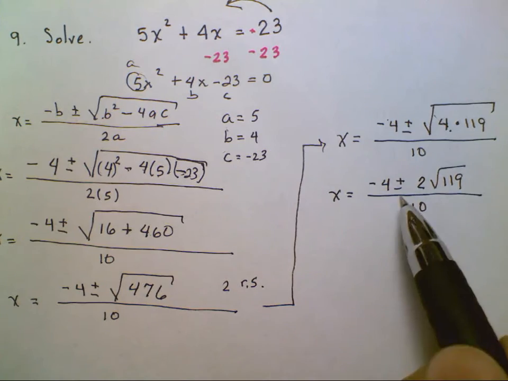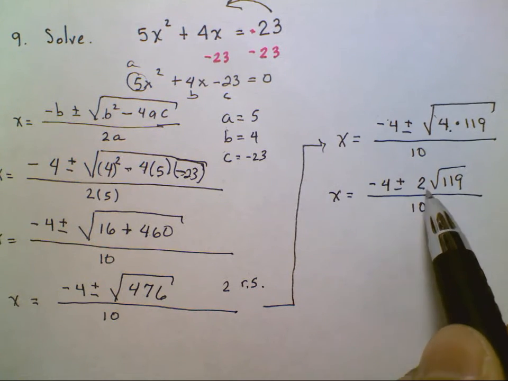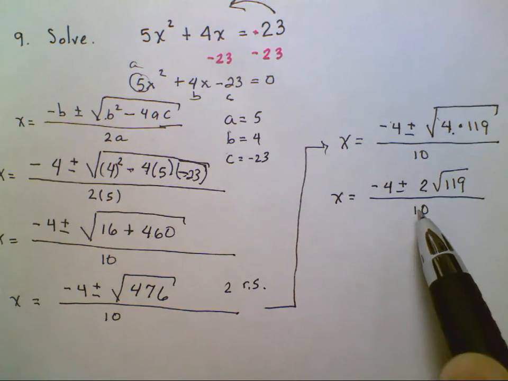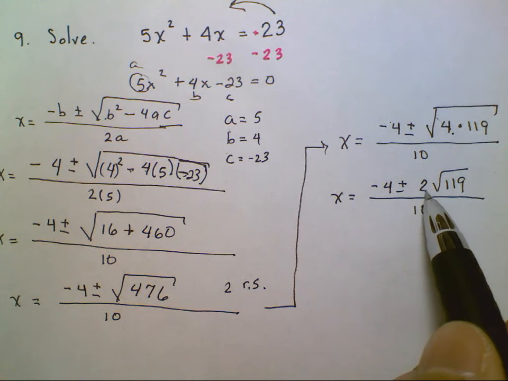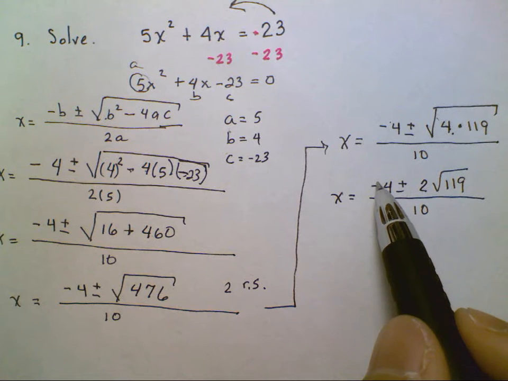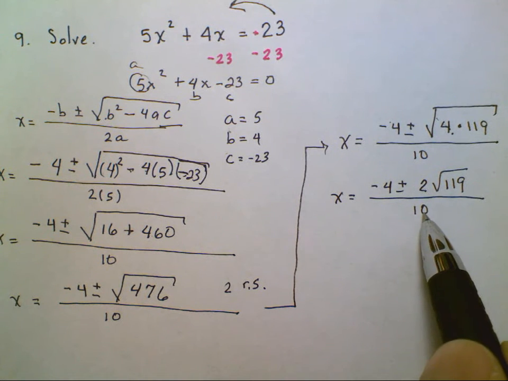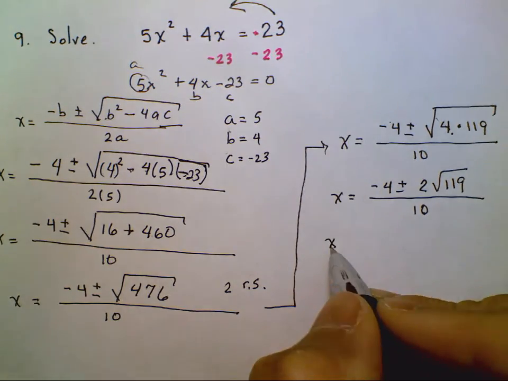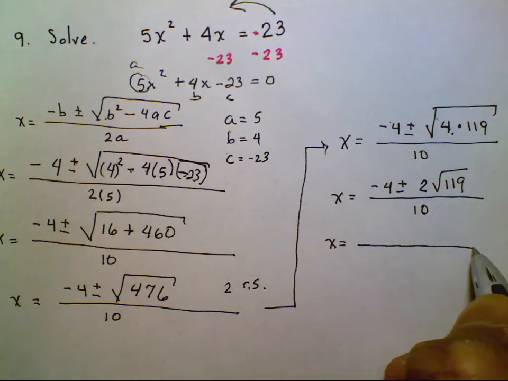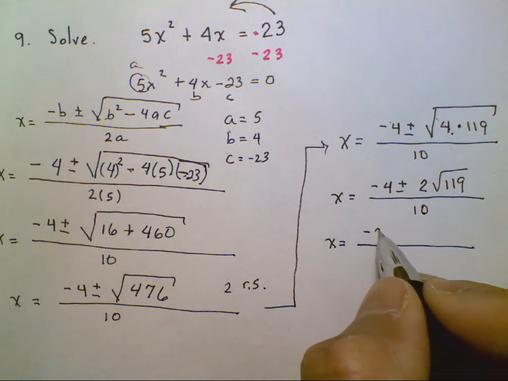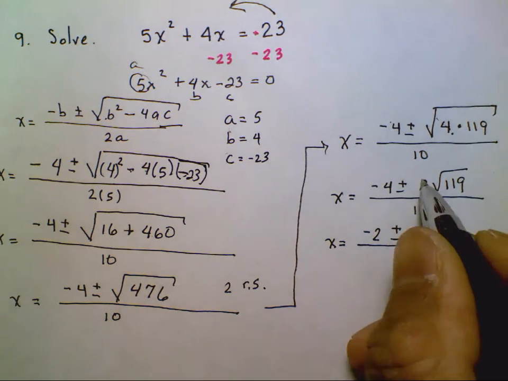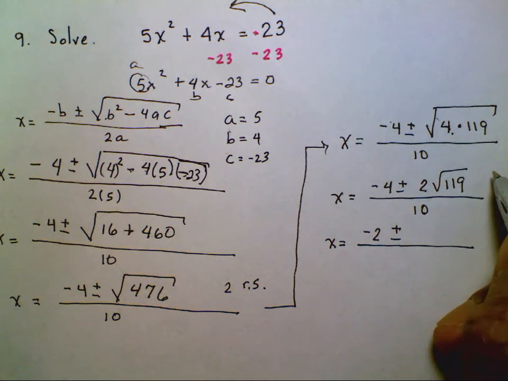As you can see, you have negative 4, you have 2, and you have 10. So think about greatest common factor. The greatest common factor between 2 and 4 is 2. So you simplify with the 10. What will be the final solution in this case? If you only simplify 2, you have negative 2 plus minus 2 divided by 2. 2 over 10 equals 1 over 5.